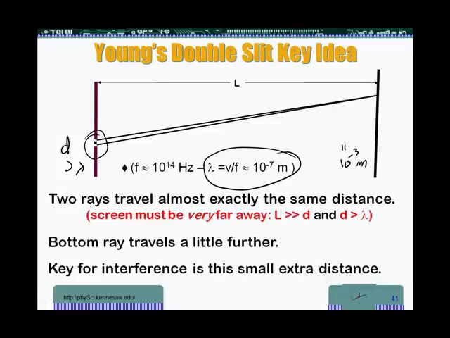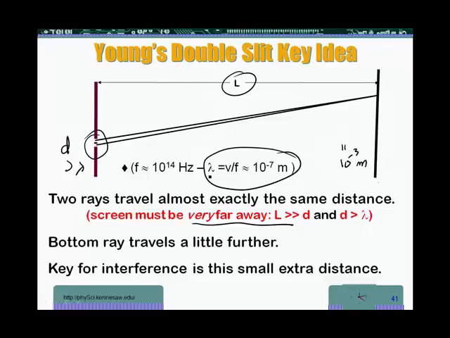It's going to be a small distance, slightly larger than the wavelength of the light, but the screen, we place quite a distance away from the slits, very far away. And of course, the screen distance is going to be much larger than the slit separation. When we increase this distance, we should be able to see the variations easier.